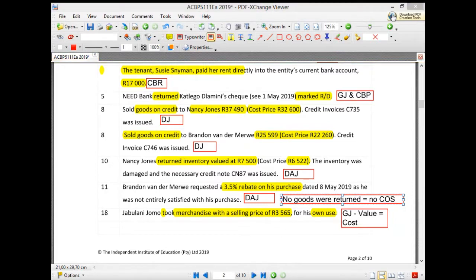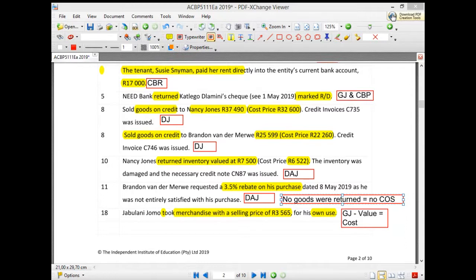So if we do the journal now, let's scroll down. Okay, so if you do the journal, you would then debit the drawings account. So that is where the owner takes out amounts out of the business. But we said at cost price. So how do I convert the sales price to a cost price?